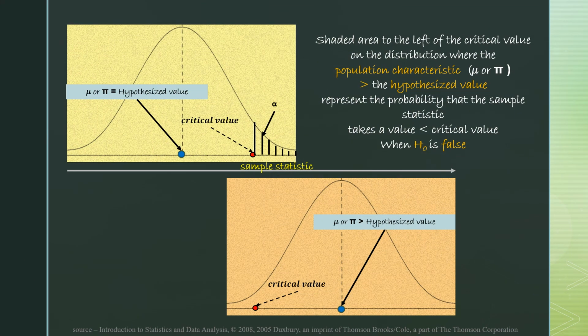Shaded area to the left of the critical value on the distribution where population characteristic mu or pi is greater than the hypothesized value represents the probability that the sample statistic takes a value less than the critical value when H0 is false. This shaded area equals the probability of the type 2 error, which is beta.